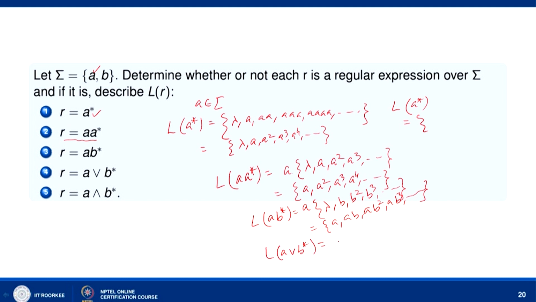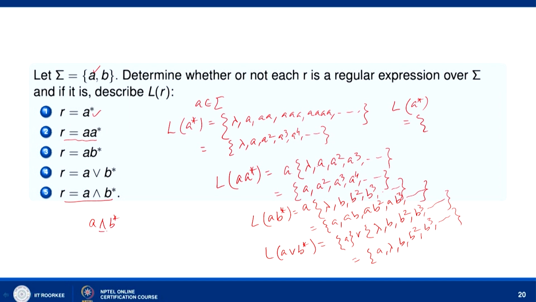So, this will be equal to A or B. Okay. So, B star means lambda, B square, B cube and so on. So, this is A, lambda, B square, B cube and so on, that is L of A or B star. Now, in the case of the fifth, A and then this notation.